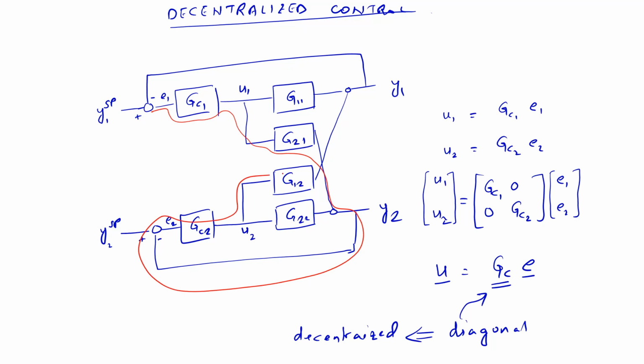This is due to G21 and G12 being non-zero. If either G21 or G12 is 0, the figure of 8 loop interaction won't be there. And so this is an additional feedback loop.